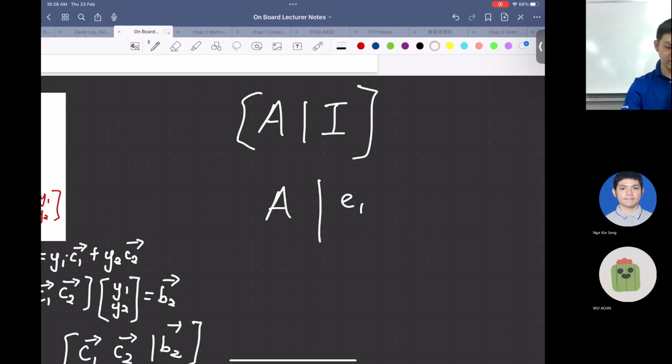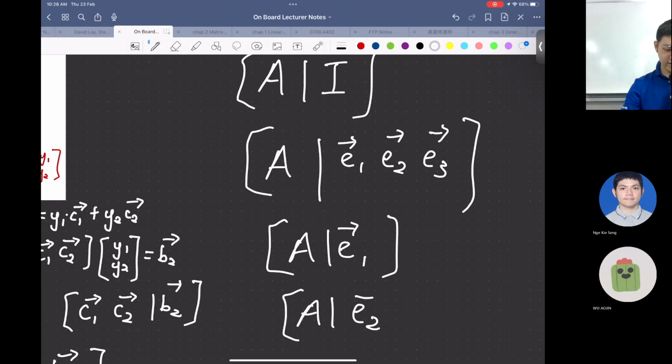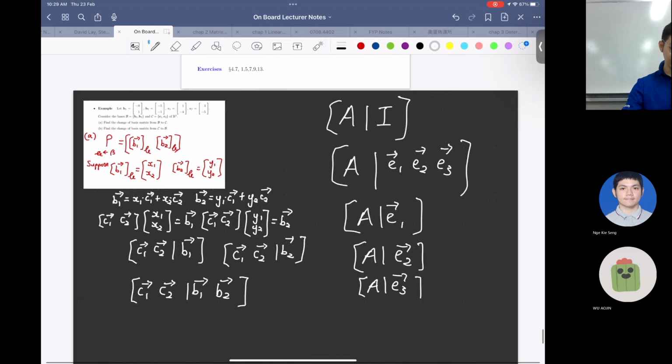So E1, E2, and E3. What you are doing is actually solving this one, and then this one, and then this one together. You are solving n matrix equations together.